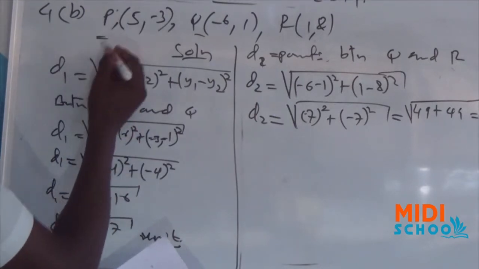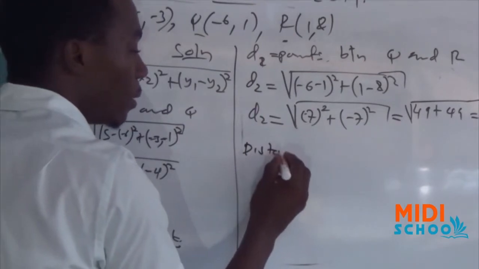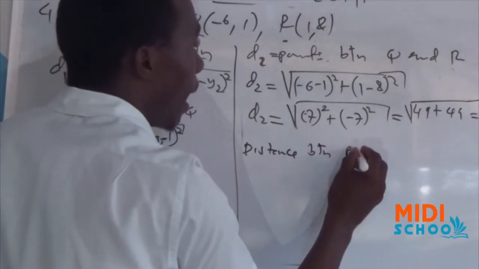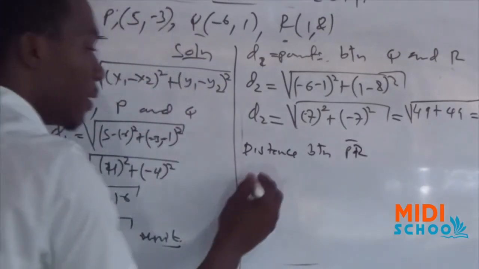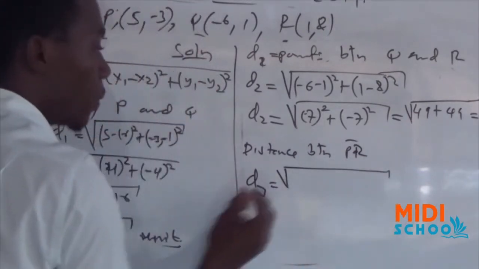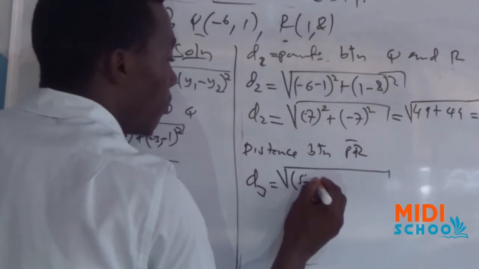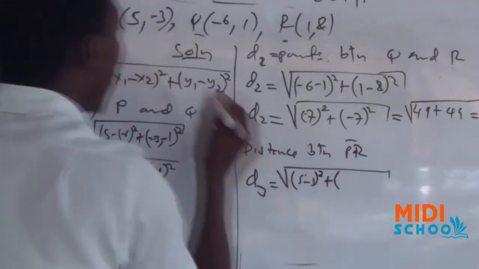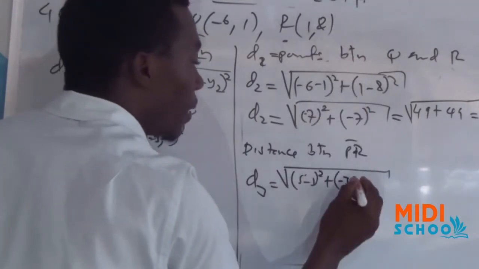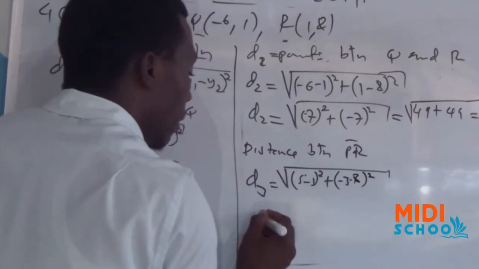Take the distance between point P and R. Call it D3, which is equal to the square root of (5 minus 1) squared plus (-3 minus 8) squared.